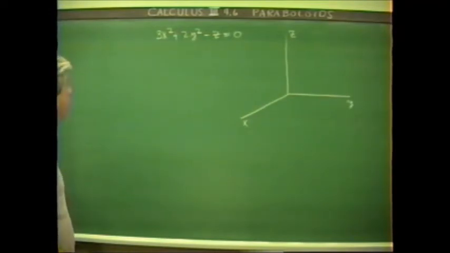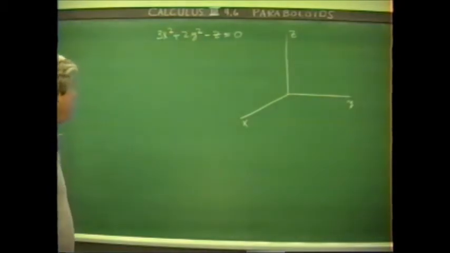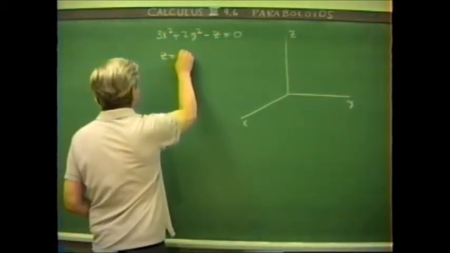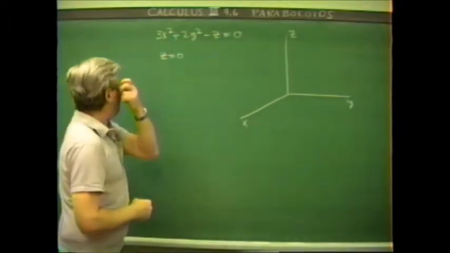So if we look at z is equal to 0, the trace in the xy plane, we find that 3x squared plus 2y squared is 0.